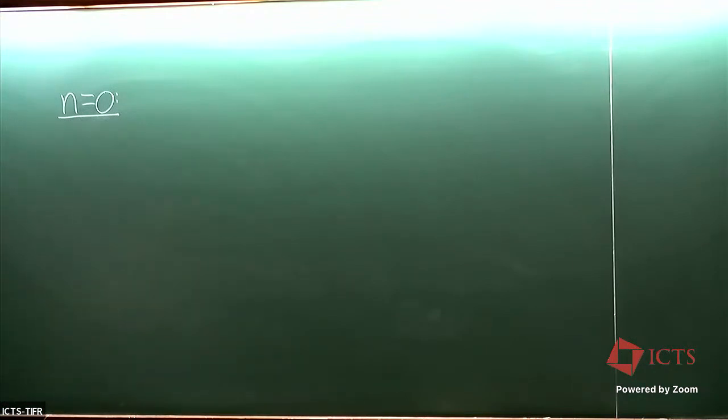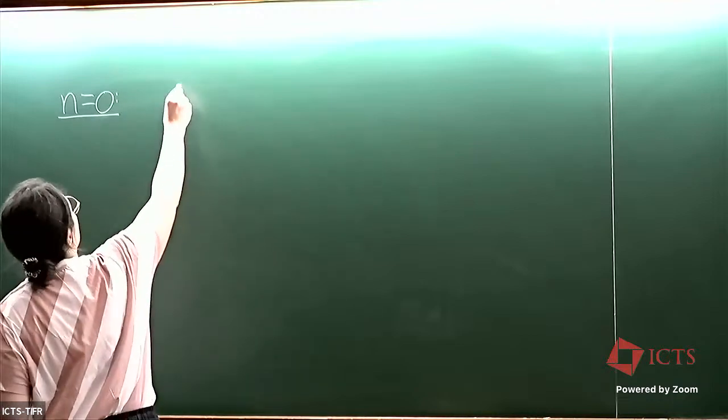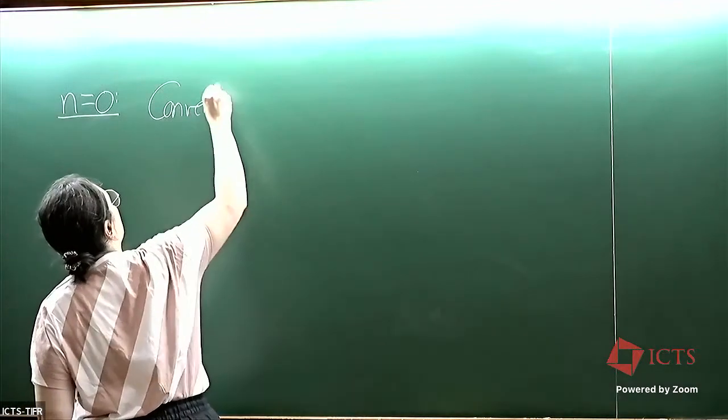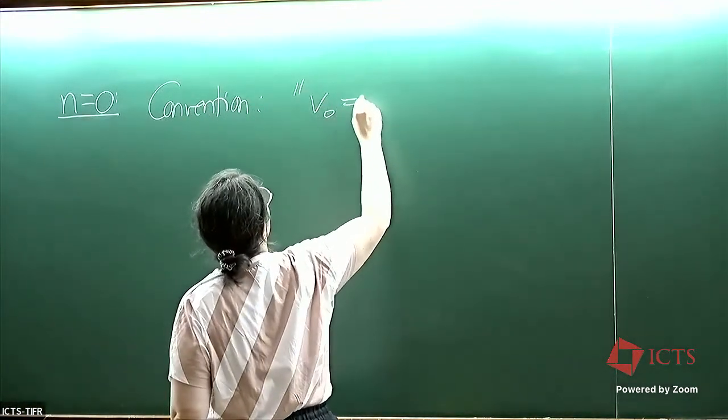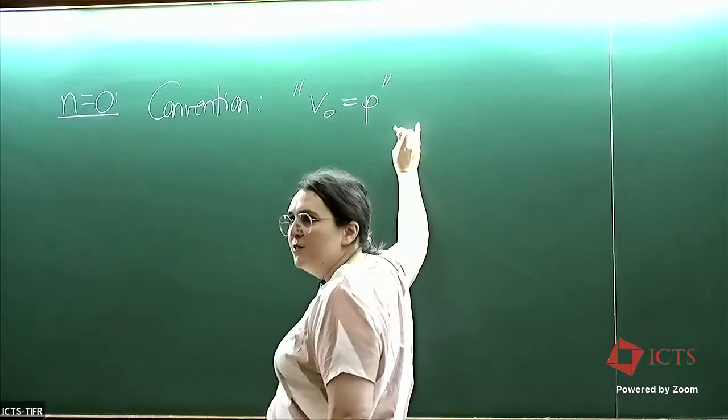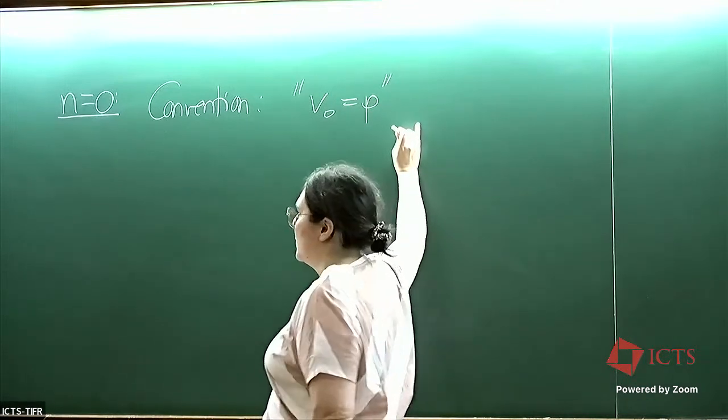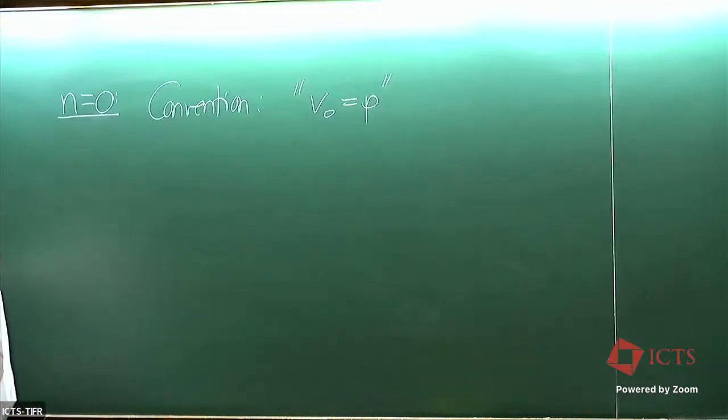Well, the convention, the hidden convention, is that v naught is considered to be p. So it's in here without you necessarily having to say that.